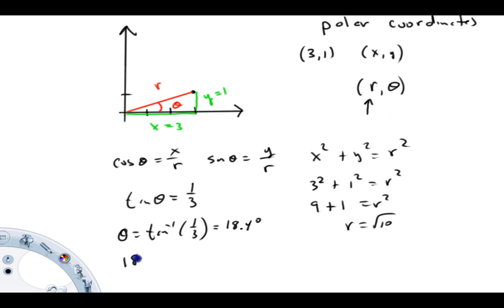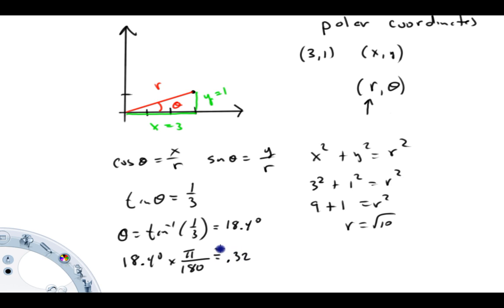Would somebody give me this in radians, please? The way you get this in radians is take the 18.4 degrees and multiply this by pi over 180, which is radians per degree. Okay, thank you.